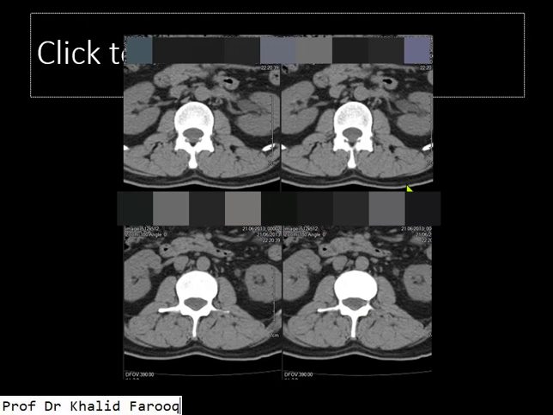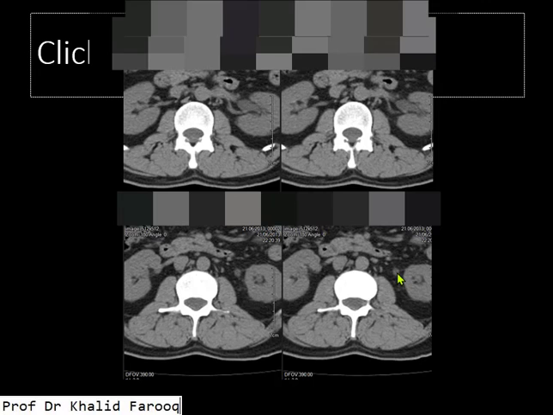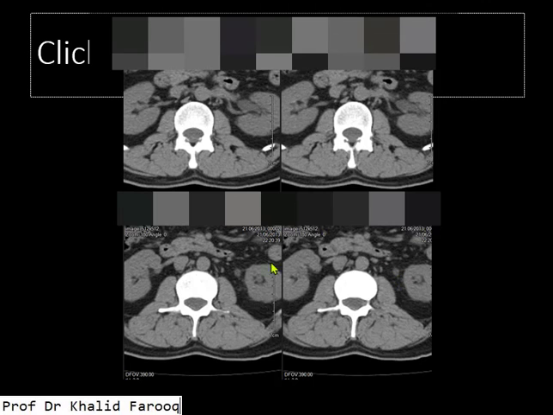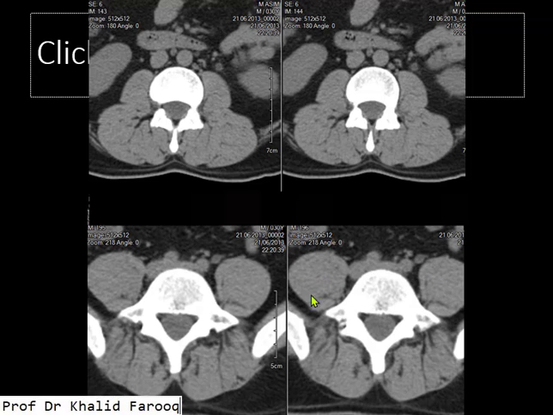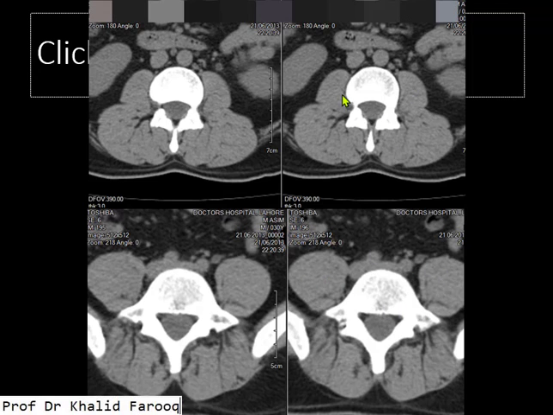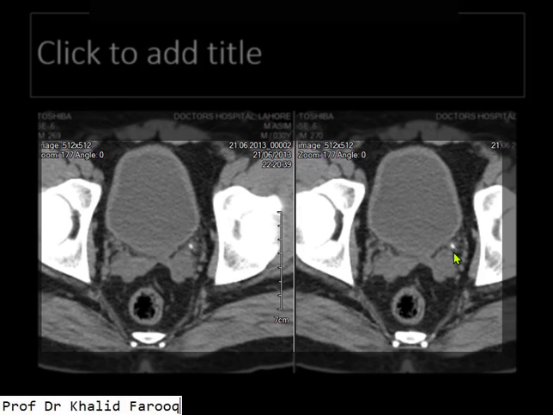Another example we can see the right kidney, right pelvicalyceal system, and we can see the left ureter which is a bit dilated. These are psoas muscles. Here in the pelvis we can see there is a tiny calculus causing partial obstruction, and this is located near the left vesico-ureteric junction.